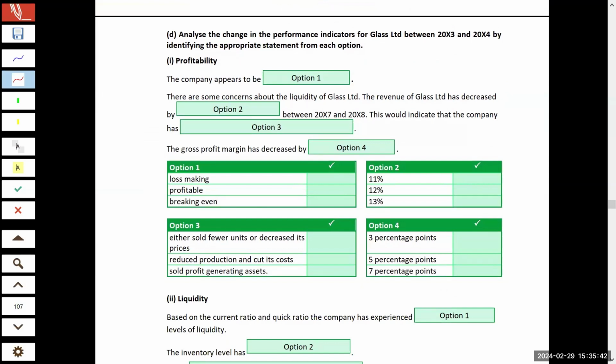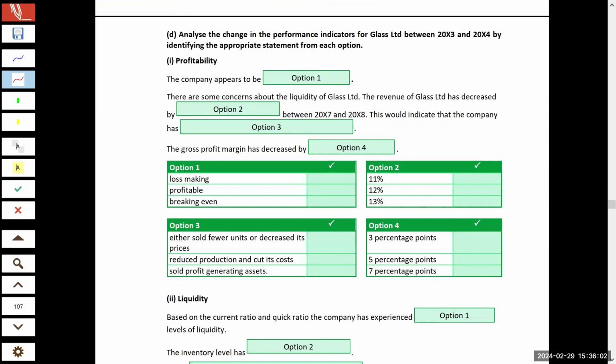So we're told in part D to analyse the change in the performance indicators for glass between the 2 years. So again, this is where we now need to start. Okay, we've seen the figures, we've calculated them, but we need to know a little bit more about them as well, don't we? So that's exactly what we're going to do here. First of all, we're talking about profitability.